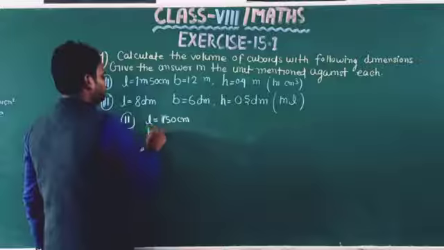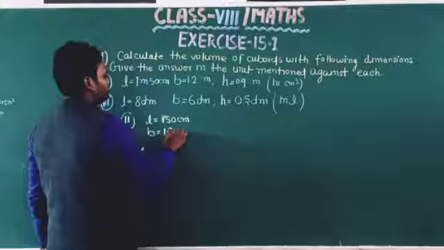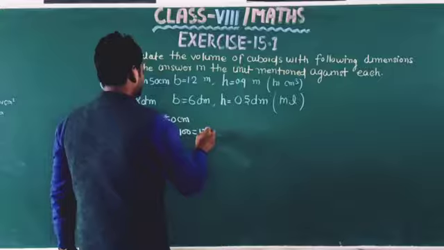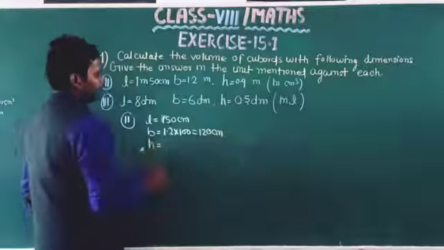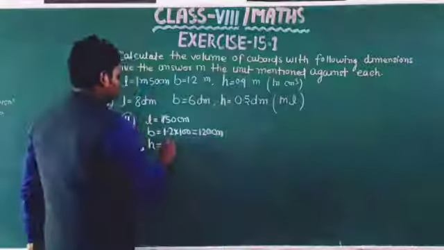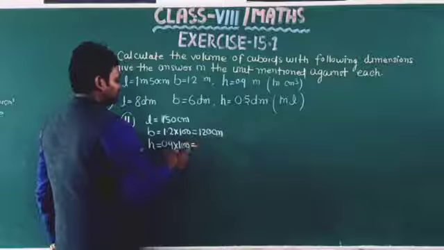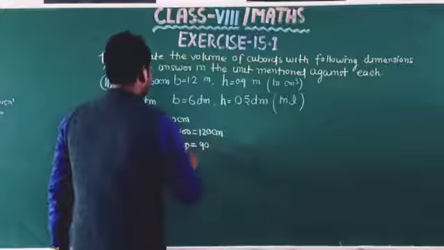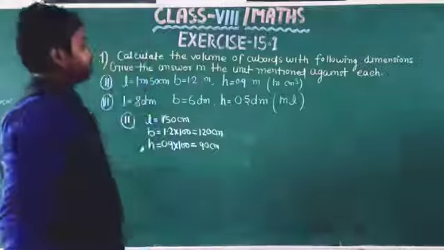centimeter. Breadth is 1.2 meter. So 1.2 multiplied by 100 equals 120 centimeter. And height is given 0.9 multiplied by 100, which changes to centimeter, equal to 90 centimeter.